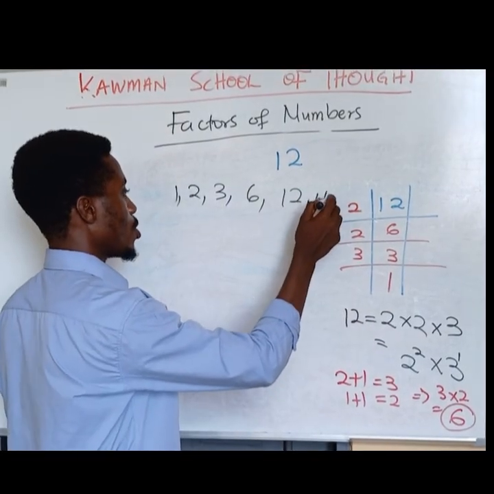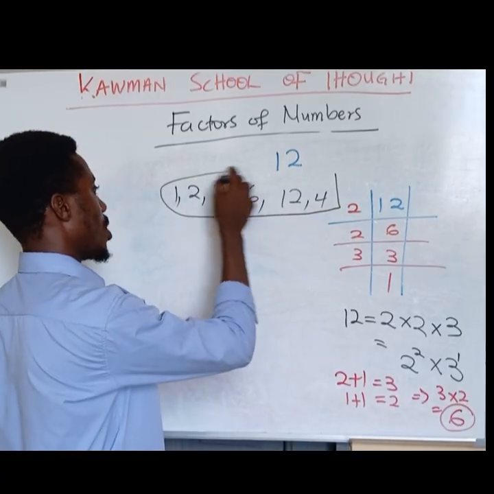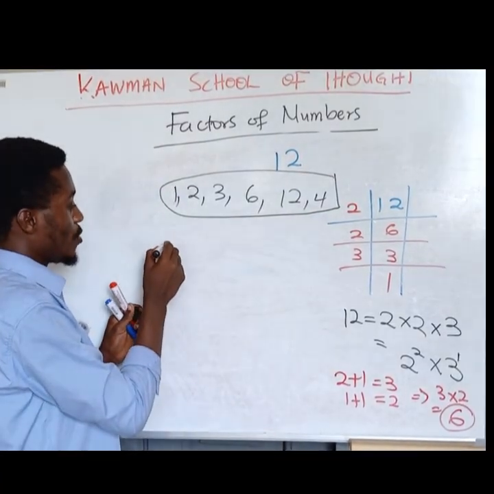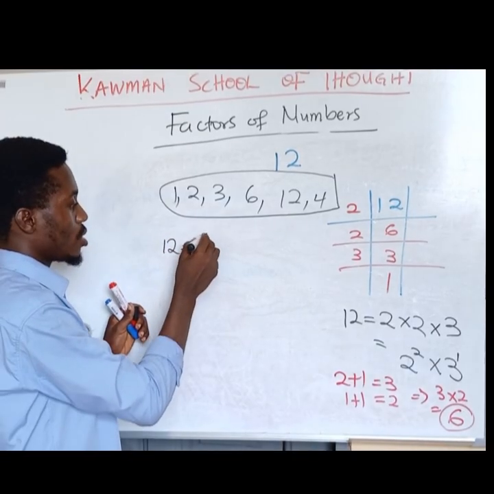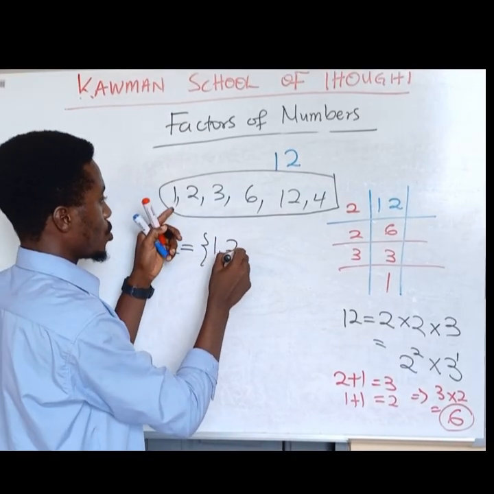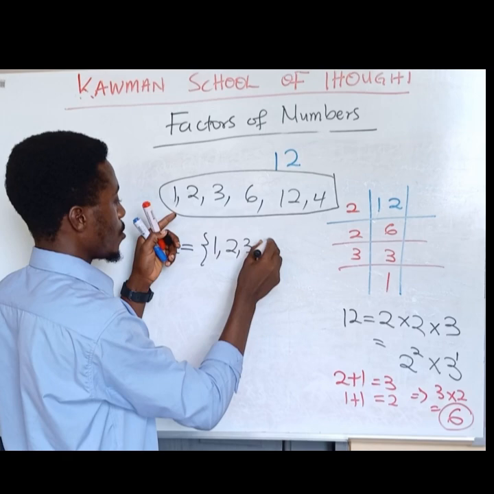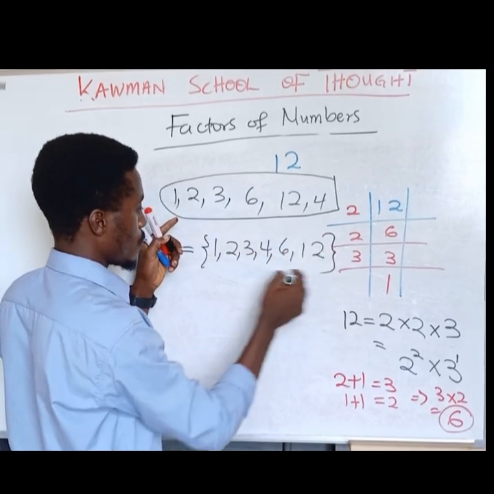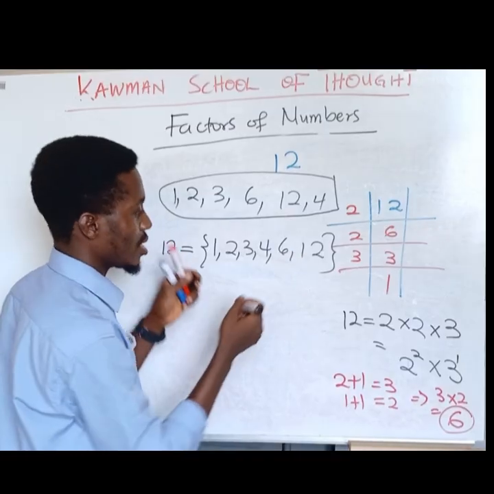Just write it down. When you are done, rearrange the numbers in ascending or descending order. So factors of 12 are 1, 2, 3, 4, 6, and 12. That is 1, 2, 3, 4, 5, 6, and this is correct.